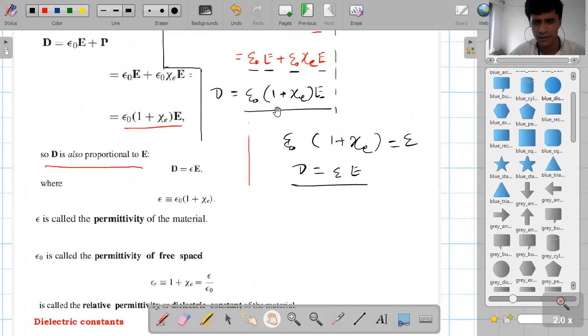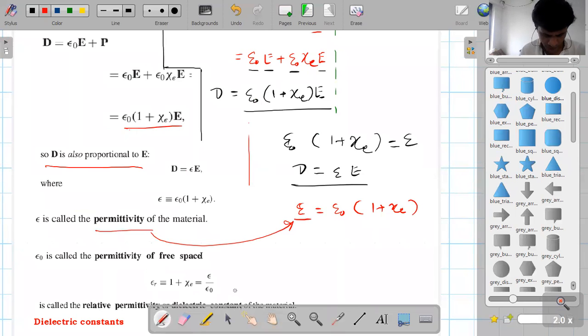Look at this part: put epsilon here, so you can write D equals epsilon E. Here epsilon equals epsilon 0 times (1 plus chi E). Epsilon is known as permittivity, and epsilon 0 is the permittivity of free space.